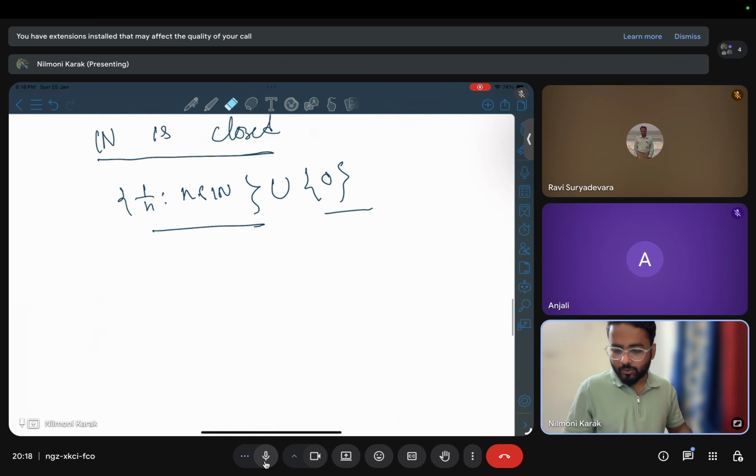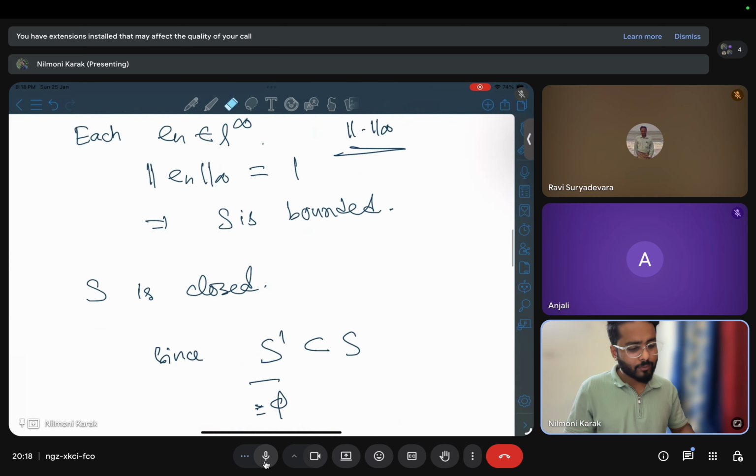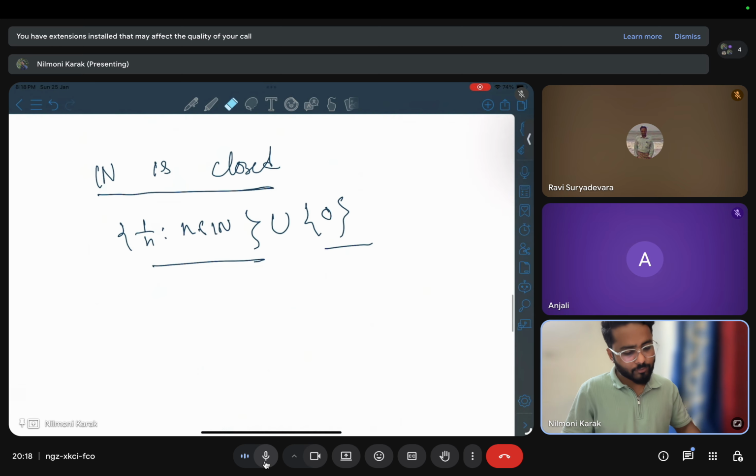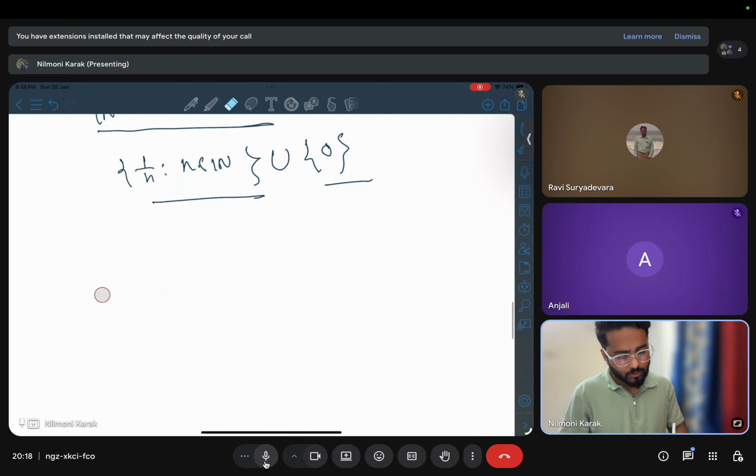Here, using the sup norm, em minus en is always greater than or equal to 1.